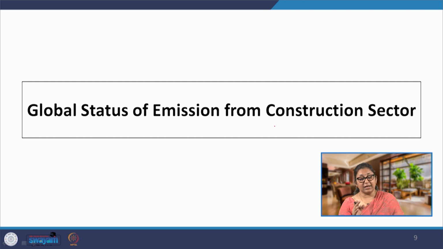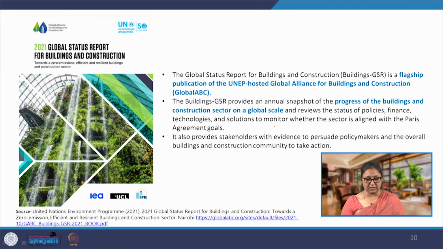Now, looking at why it is so important to reduce the emissions from the construction sector, let us quickly look at some of the numbers. A lot of this data is collected and published by the UNEP-hosted Global Alliance for Buildings and Construction, commonly known as Global ABC.